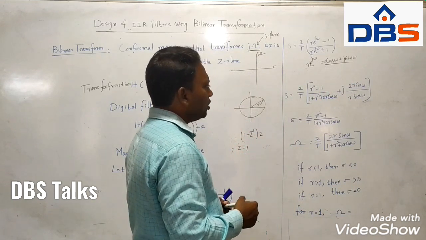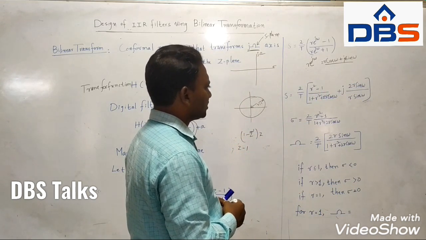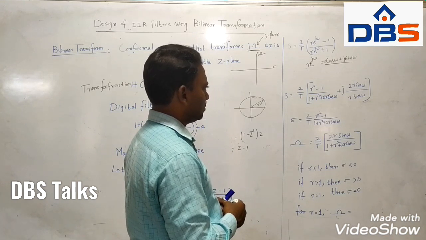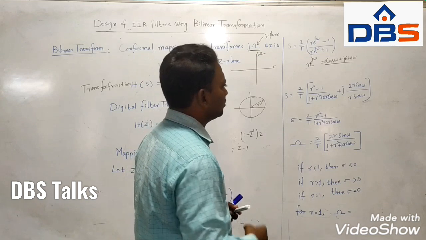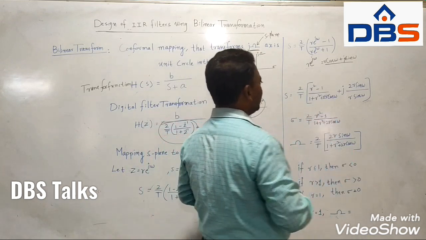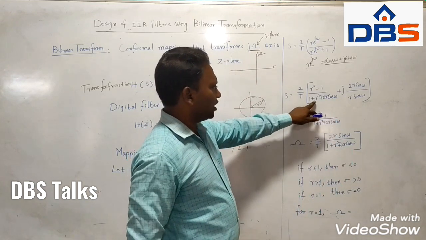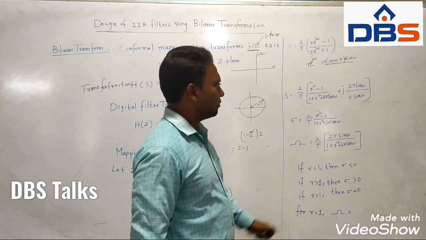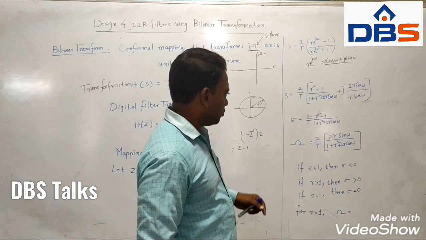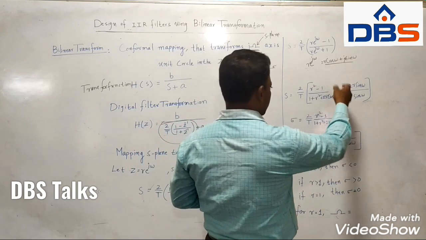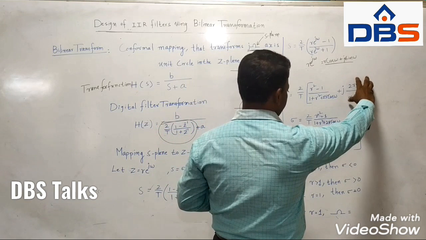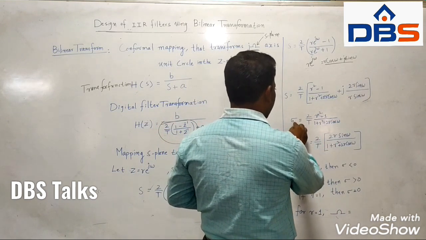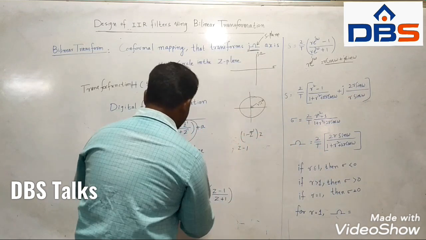Now you can clearly observe this. 2 by T (r square minus 1) divided by (1 plus r square 2r cos omega) plus j 2r sin omega divided by (1 plus r square 2r cos omega). This one is the real part and this is the imaginary part. Because s is equal to sigma plus j omega, we know this.